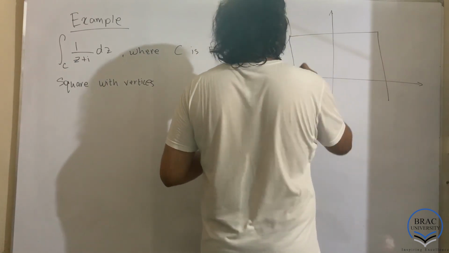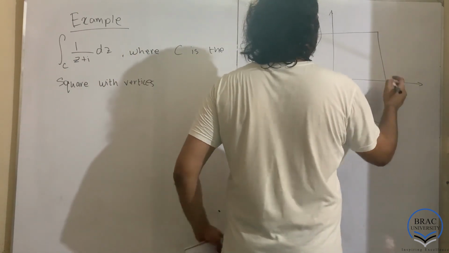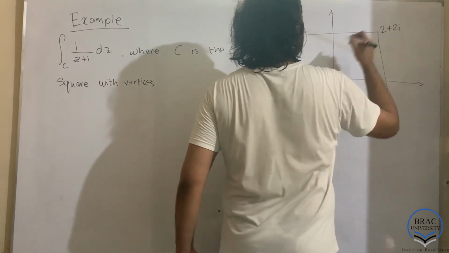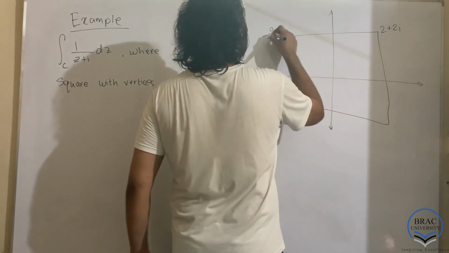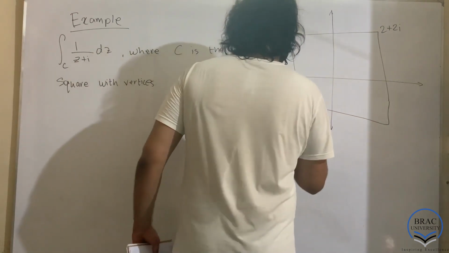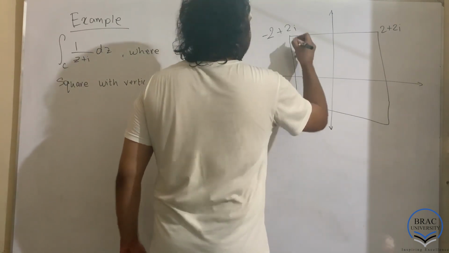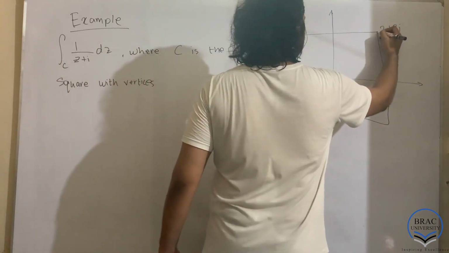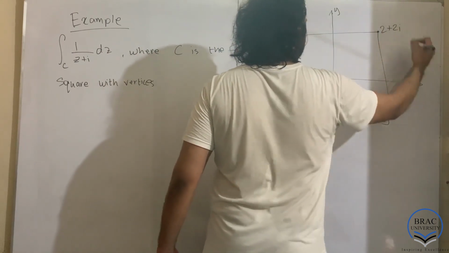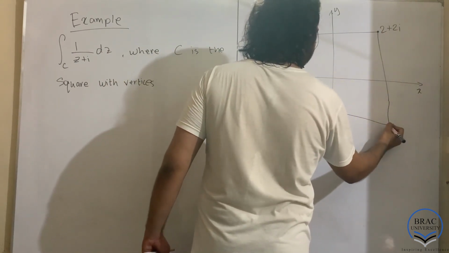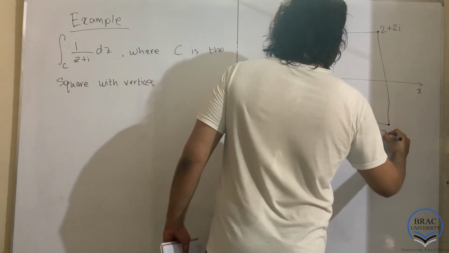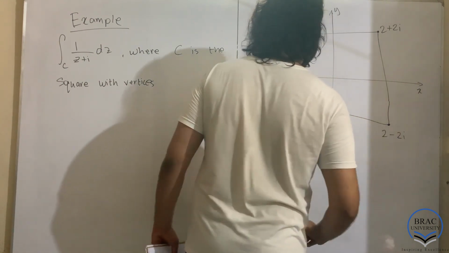It's a square. Okay? Our vertices are 2 plus 2i, minus 2 plus 2i, here we have minus 2 minus 2i, and here we have 2 minus 2i.